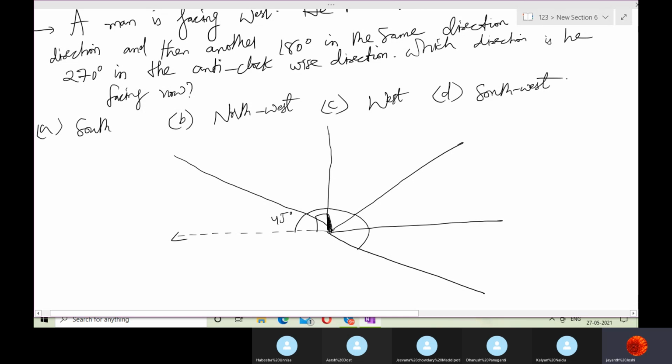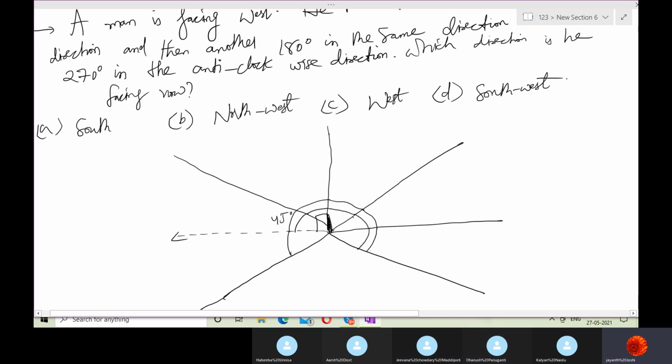So he is going 270 from this point. He is going 270 degrees anti-clockwise. So I'll take from here: 45, 45, 90, 45, 45, 90. This is 180, 45, 45, 90. So that is 270. So he has gone 270 anti-clockwise, correct?